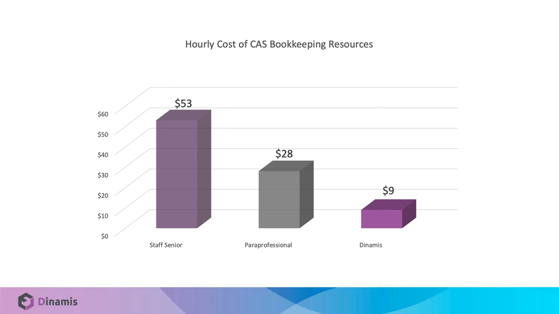And again, depending on the size of your practice, if you're staffed with staff seniors primarily, and then you have supervisors or managers and then partners that are managing the whole effort, you could literally have 3 to 4 full-time equivalents just doing bookkeeping transactions, accounts payable, accounts receivable, time entry for payroll. That can become a fairly expensive way of doing bill.com entries.